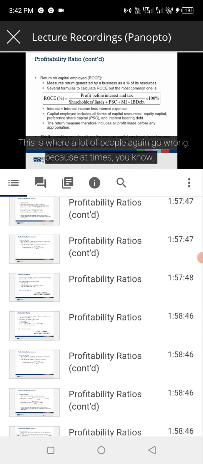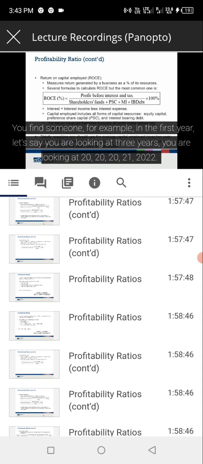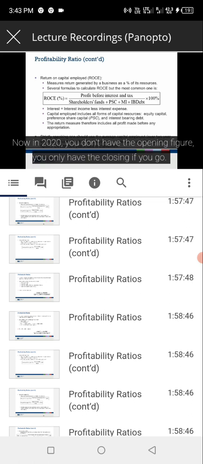Sometimes when you get your results, you wonder why you did not perform as well as expected. These are some of the little things. Let's say you are looking at 3 years: 2020, 2021, 2022. In 2020, you don't have the opening figure. You only have the closing figure.